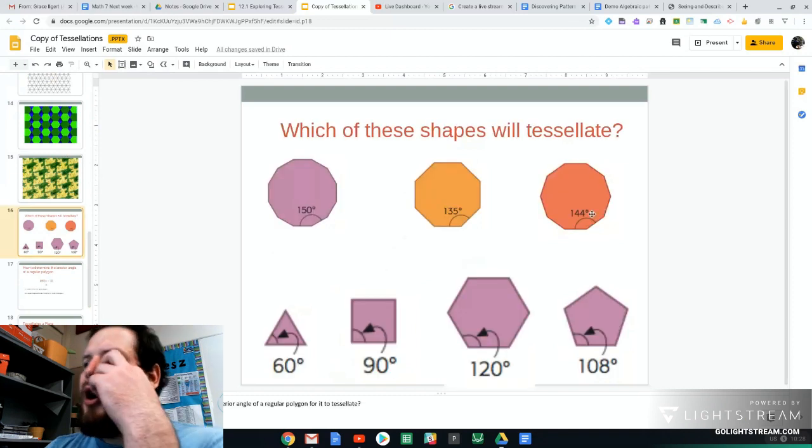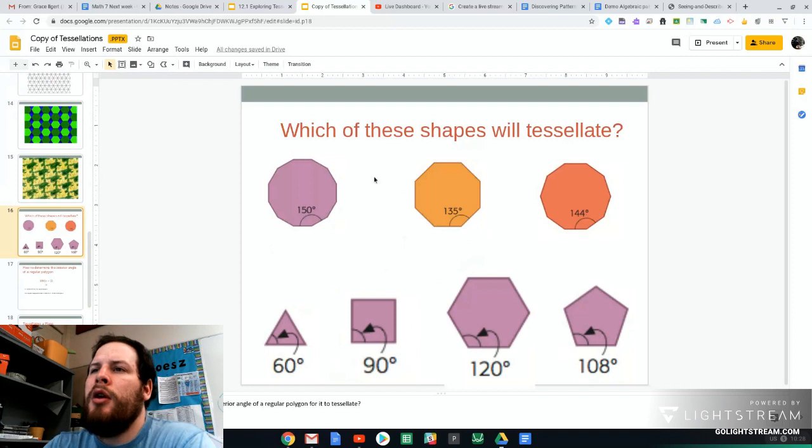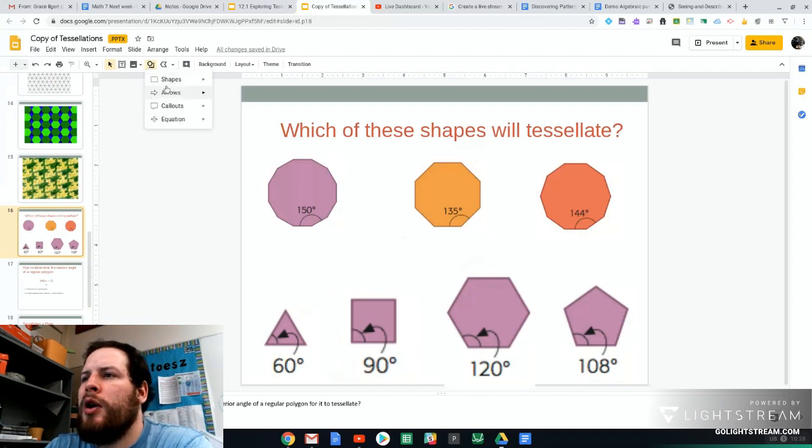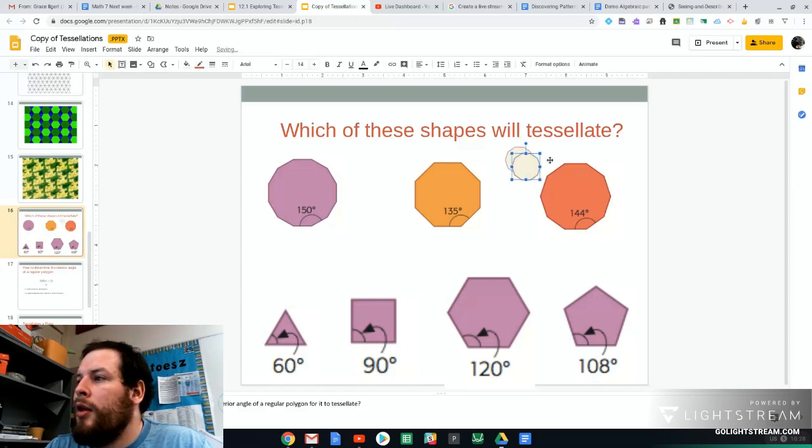So what about these other shapes? 144 degrees, can we put that into 360? Yeah, you're right. We cannot. And if I try this, that's a 10-sided shape, and I could create a 10-sided shape and try to tessellate the plane with it.